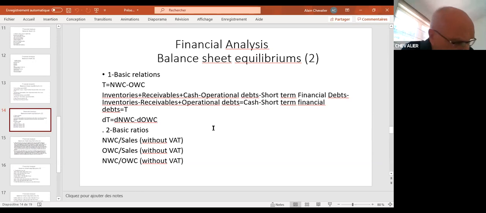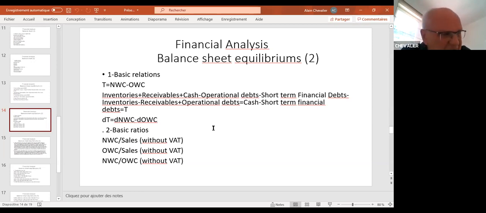But at the same time, you need to be in a situation where this ratio is not too high, so that it does not have as a consequence that the firm is dependent on the banks, or uses too much equity. That means it doesn't reduce too much the return for shareholders. So it's something very, very important.